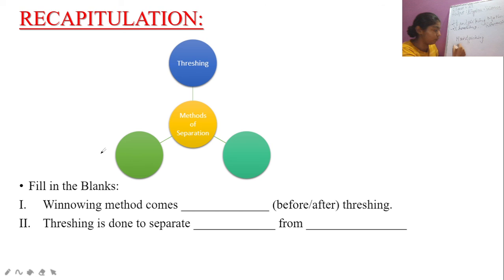The last one we have also done as threshing. So does the winnowing method come before or after threshing? What is your answer students? Yes, after threshing. After you take the grains and want to convert them to flour, you have to do this activity. Threshing is done to separate the grains from the stalks.